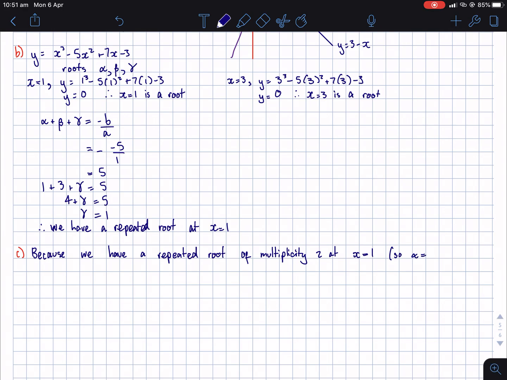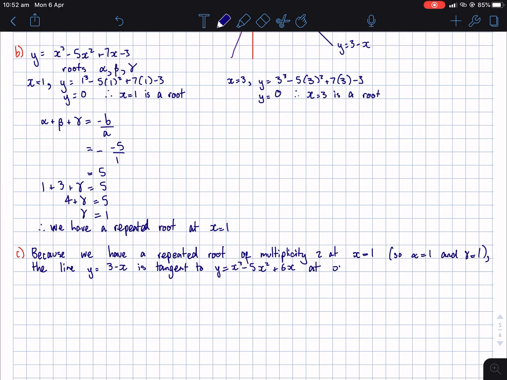So alpha equaled 1 and gamma equaled 1. The line y equals 3 take x is tangent to y equals x cubed take 5x squared plus 6x at x equals 1.